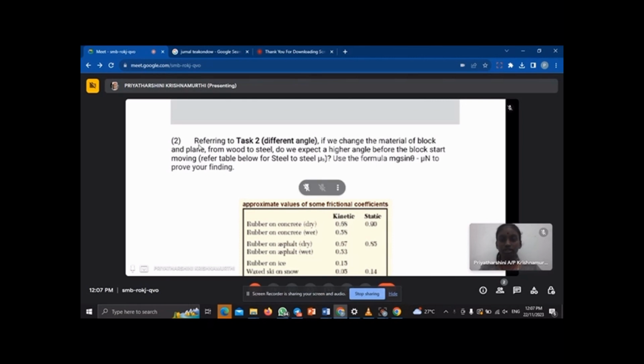The question is, referring to Task 2, different angle: if we change the material of the block and plane from wood to steel, do we expect a higher angle before the block starts moving? Is the answer yes or no? We want to see the table first.